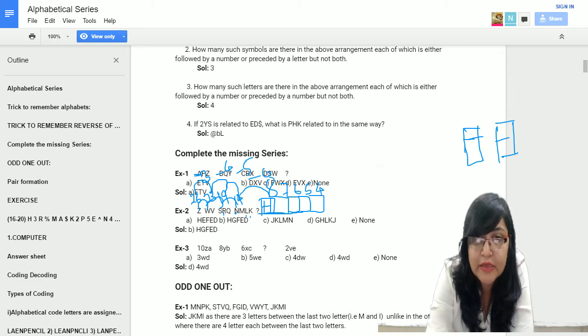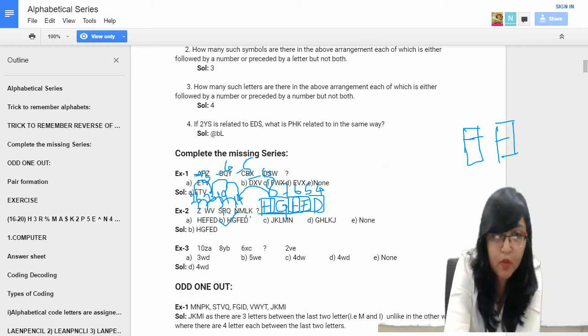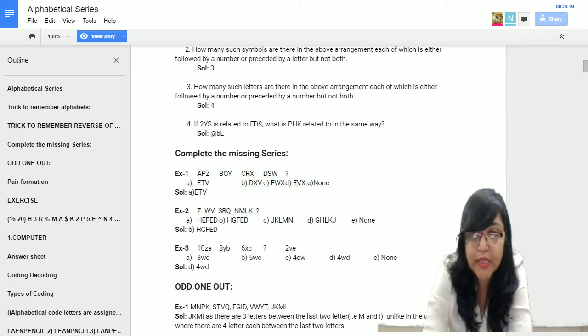What is 7? G. What is 6? F. E is 5 and D is 4. So your answer would be H, G, F, E, D. Clear? Now let's move on to the next question.